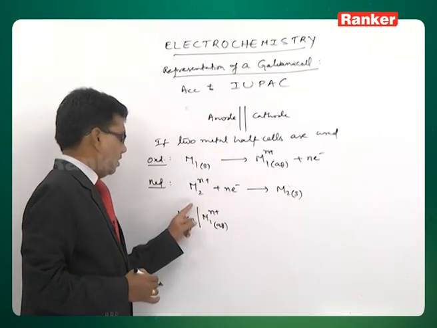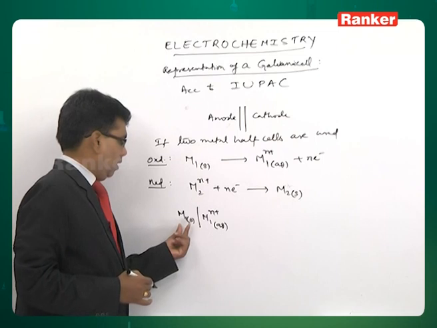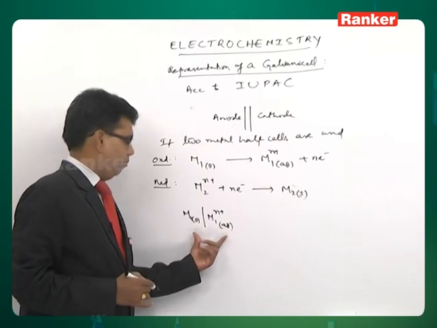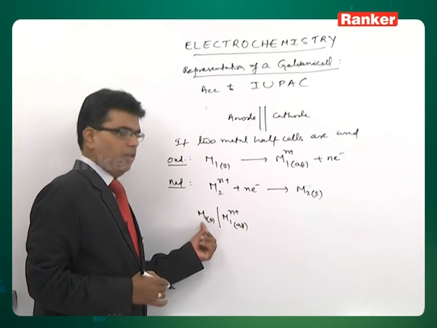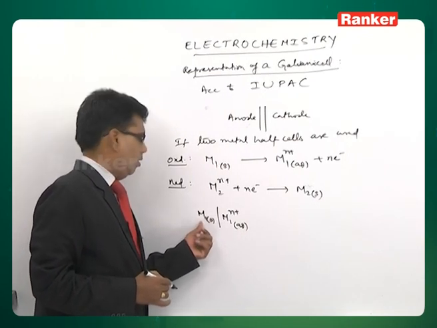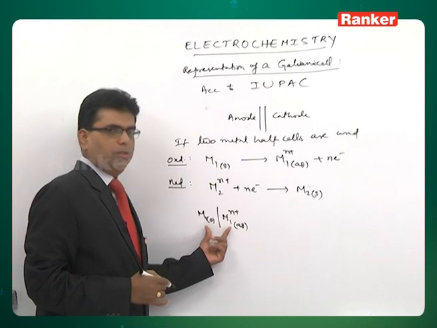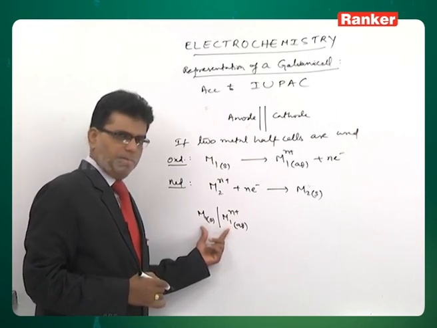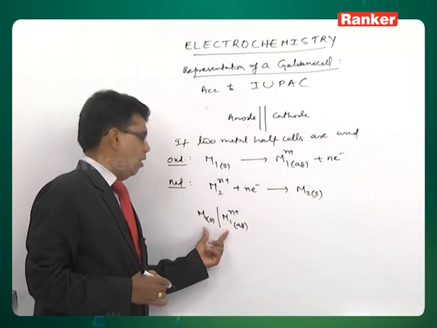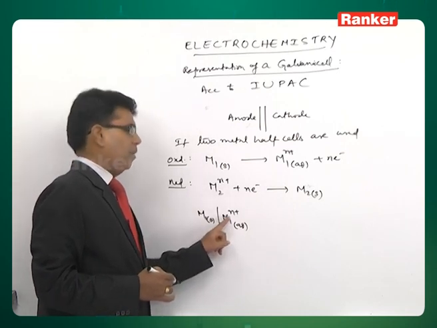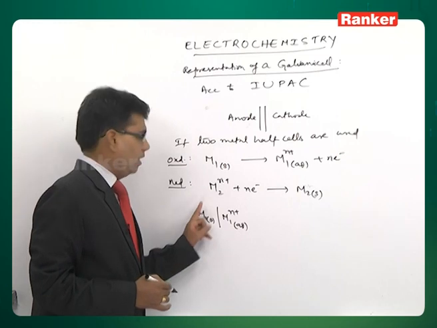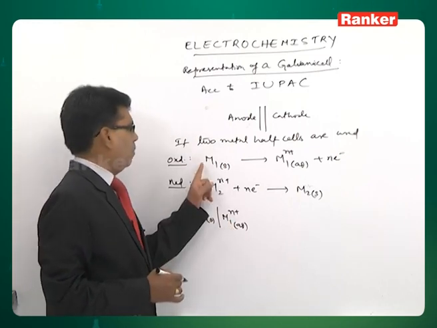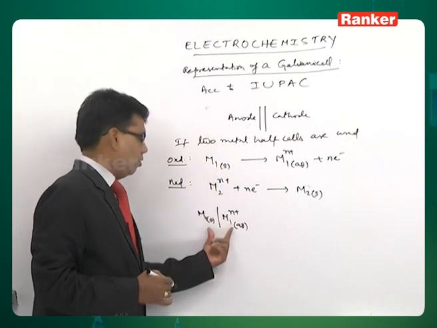When you write it like this, the reduced form is on the left side and the oxidized form is on the right side. If you write like this, this indicates oxidation. But if you write the metal ion first, then the solid metal next, that represents reduction. Here metal 1 is undergoing oxidation, so I wrote oxidation first.